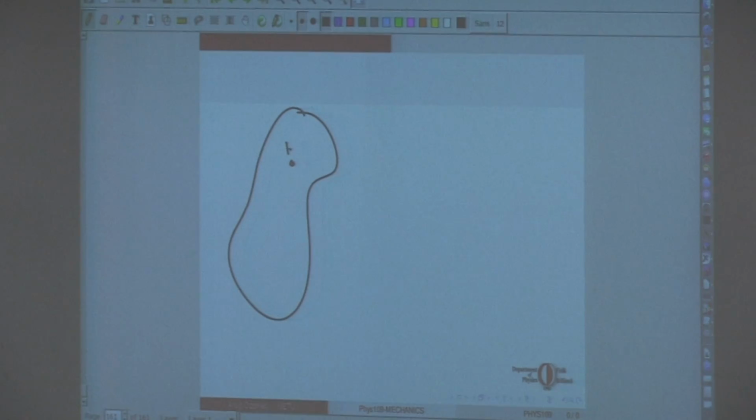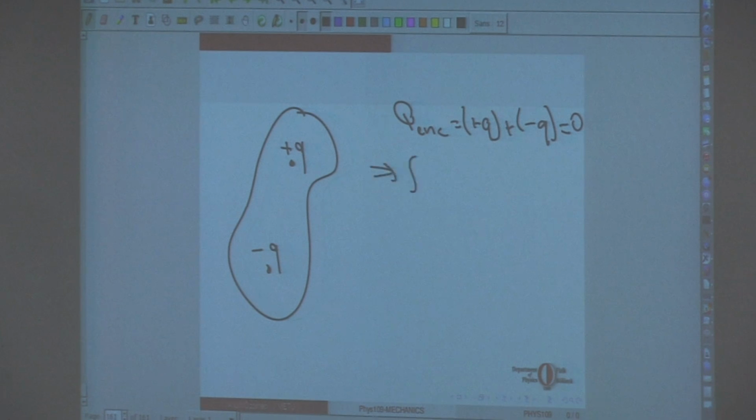Similarly, you can also consider another example where, let's say, you have this plus Q charge, this minus Q charge on the other side. Again, the total charge inside, in this case, Q enclosed will be plus Q plus minus Q. It is 0. So again, by Gauss's law, I know that E dot ds over the surface is still 0. But nevertheless, we also know that the electric field lines of this configuration will look like this.